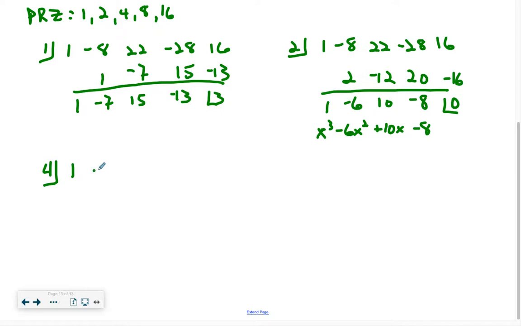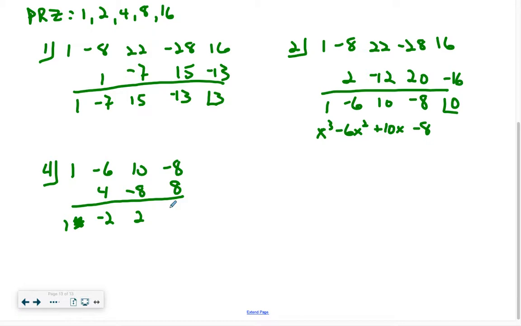My coefficients are 1, -6, 10, and -8. So bring the 1 down. Oops, it should be a 1. Bring the 1 down. Multiply, add, multiply, add, multiply, and add. And we get that 4 is also a root.